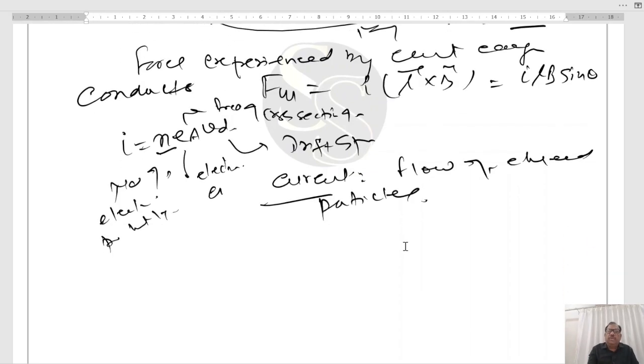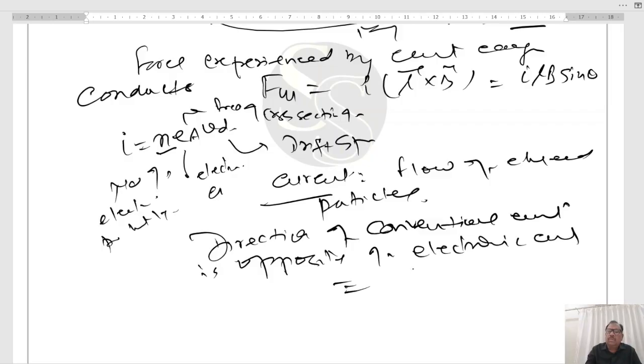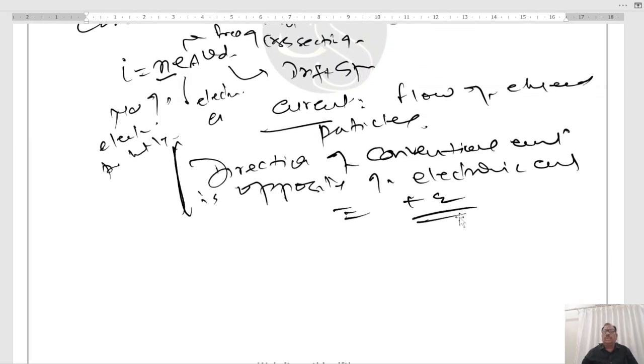Now, the direction of conventional current is opposite to that of electronic current. Therefore, it can be considered as a plus q charge. Right? Now, L is the length vector.